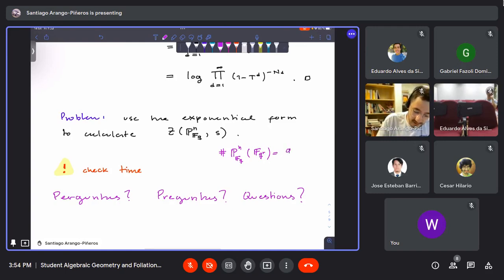So this should be q^r to the n+1 minus 1, modulo F_q star. So F_q star has q^r minus 1 points. So you know the point counts for projective space, plug this into this formula, and you get the zeta function of projective space.